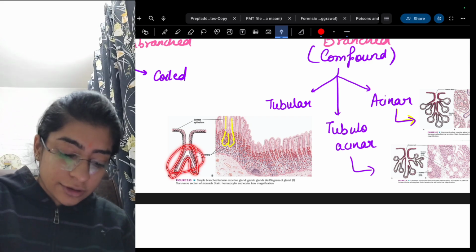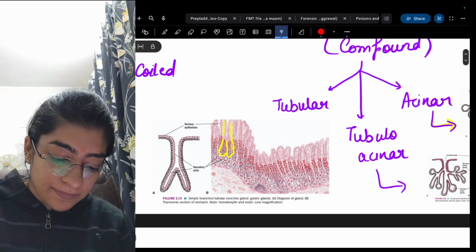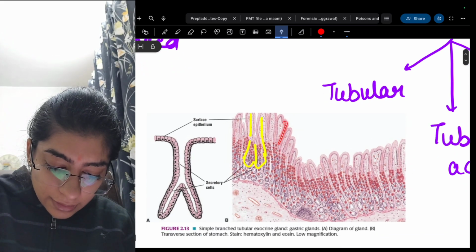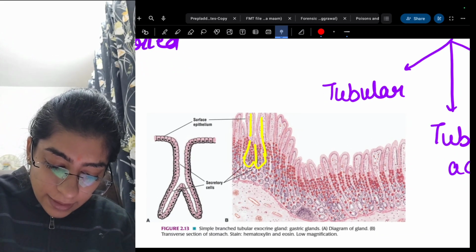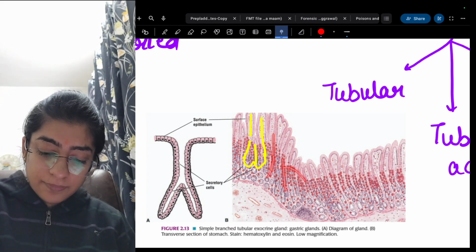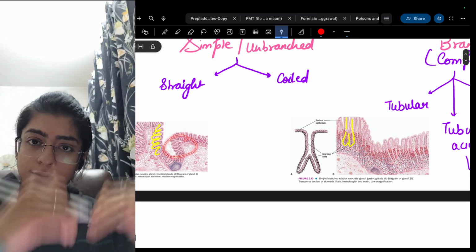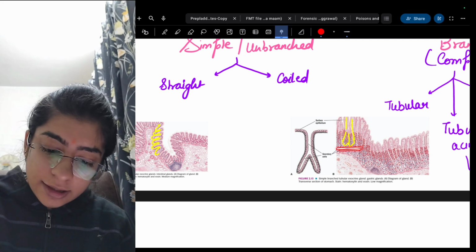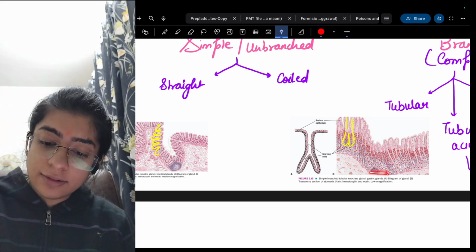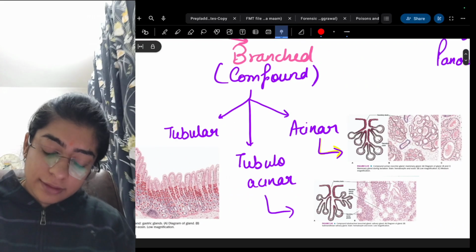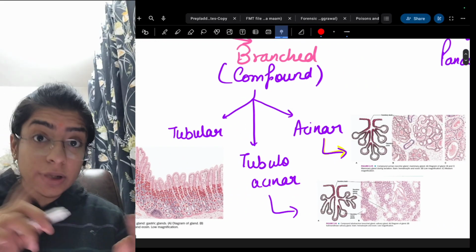So a Y-shaped structure you can appreciate, right? Here also you can see this thing is going like this and it is being divided here. If you compare these two, this is straight like a tubule, and here it is being divided, right? So this is the tubular, and it is branched.